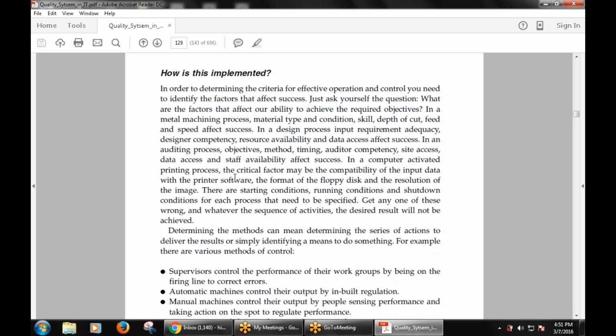In a metal machining process, material type and condition, skill, depth of cut, feed and speed affect the success. And in the design process, input requirement adequacy, designer competency, resource availability, and data access also affect the success.